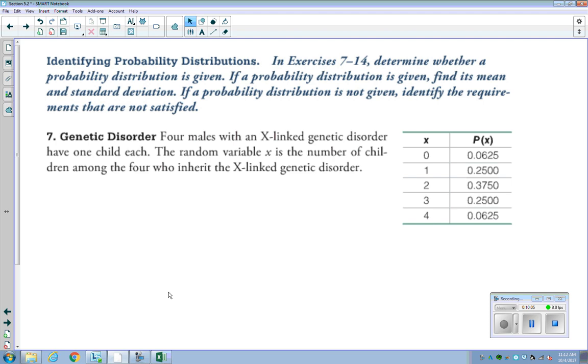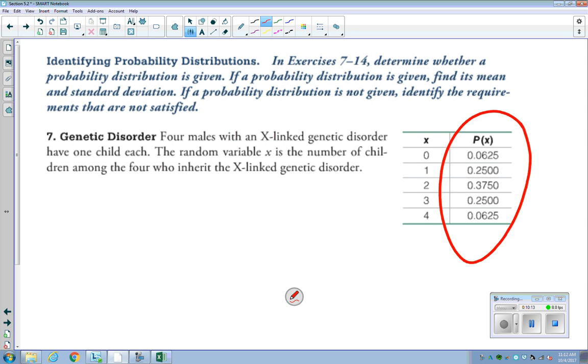Our second check is that the sum of all the probabilities have to equal 1. They must sum to 1. And the third check is, are each individual probabilities between 0 and 1, and it could be 0 and could be 1, so inclusive.